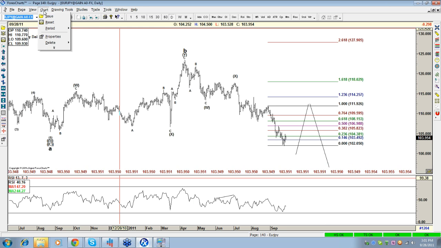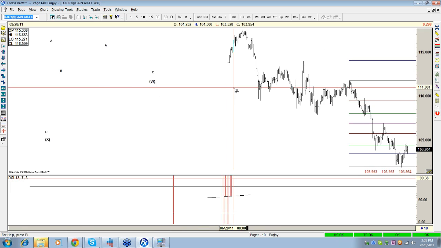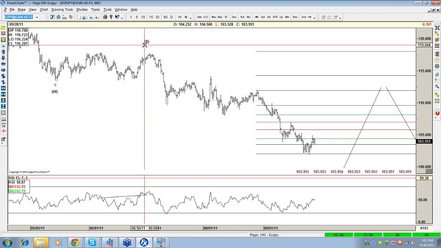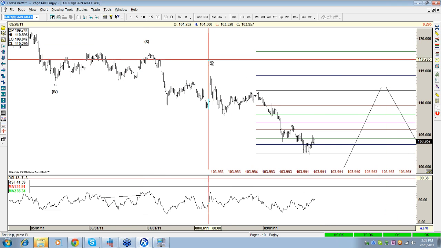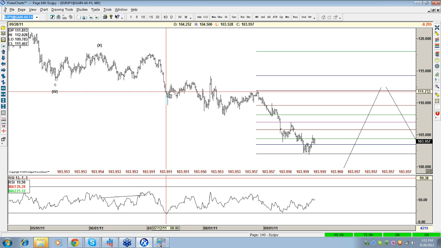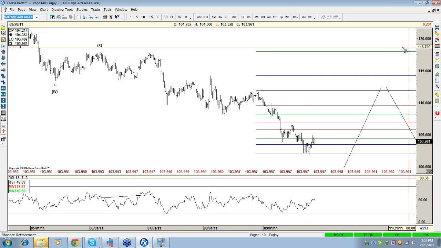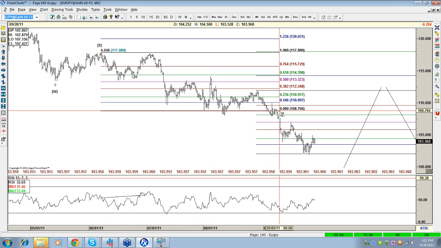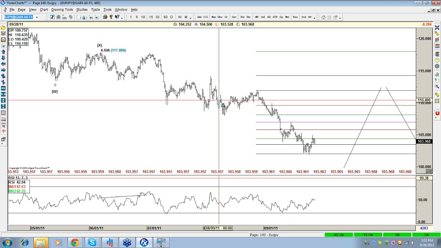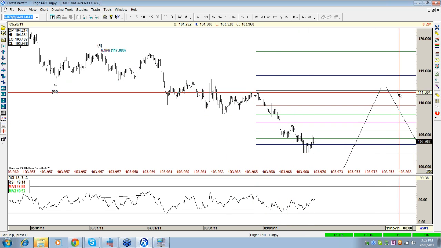Let me put it for you guys on the 4 hour. You guys are going to see it better. You see, from here, if you label it from here, you can label this like this: 1, 2, 3, 4, 5. This is a B wave that went almost to the 618 there, and then from here you got 1, 2, 1, 2, 3, 4, 5.